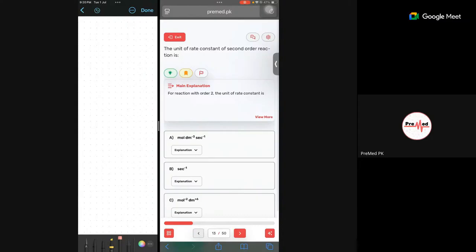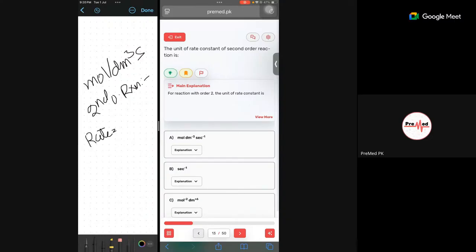Well, we all know the actual form of a reaction rate. It is mole per dm cube per second. So it is actually a second order reaction. If it is a second order reaction, then how are we going to write the rate equation?